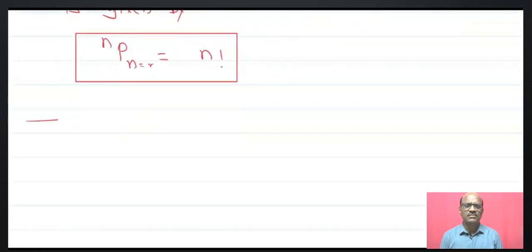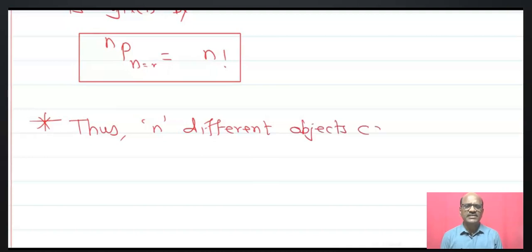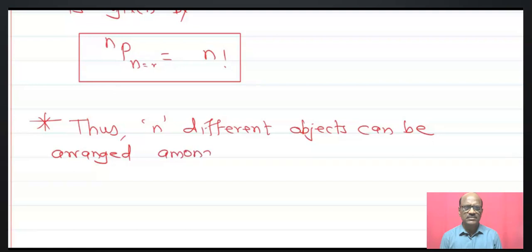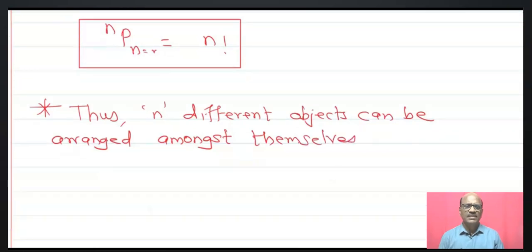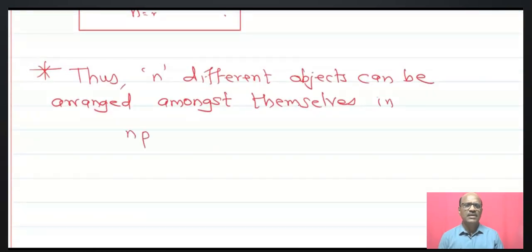Thus, n different objects can be arranged among themselves in nPn, that is, n factorial ways.